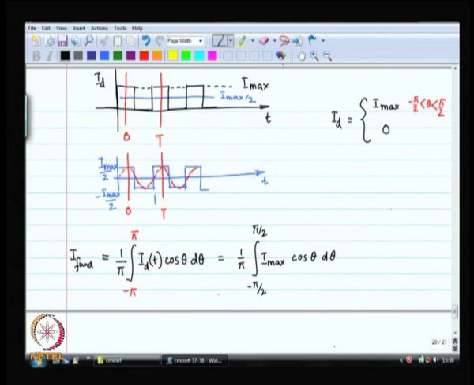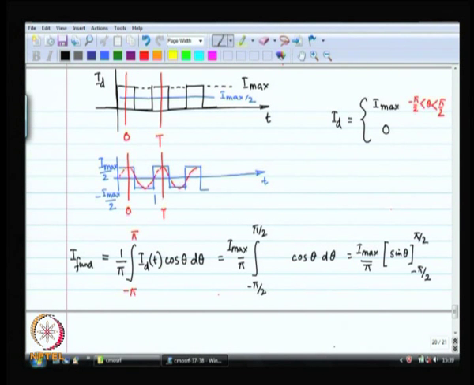So, that is what I have got, and you take out I max outside the integral and you work on this integral of cos theta d theta, which is basically sin theta. Sin theta going from minus pi by 2 to pi by 2, sin of minus pi by 2 is minus 1, sin of pi by 2 is plus 1.